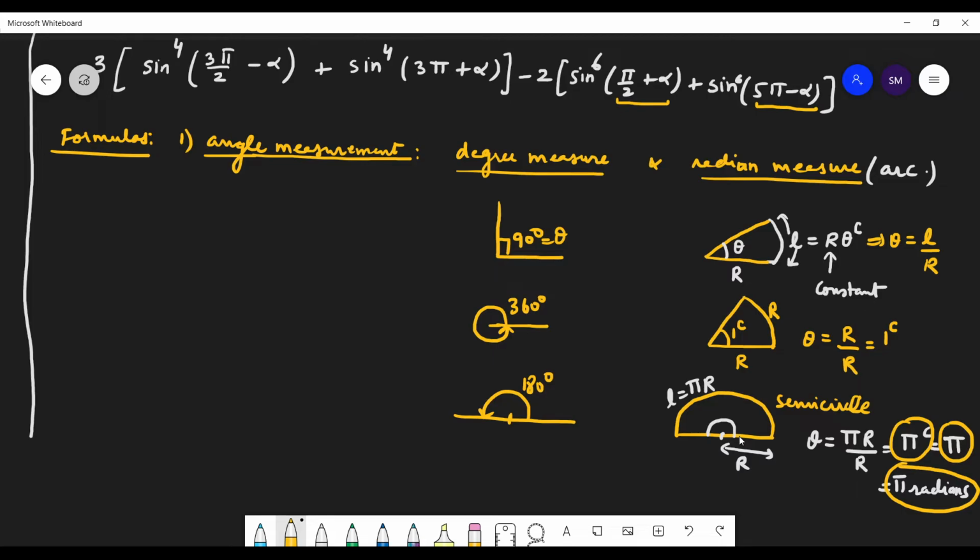Now, if you take it further, 90 degrees again added, so this angle is 270 degrees. And if you take one more up to here, that's 360.